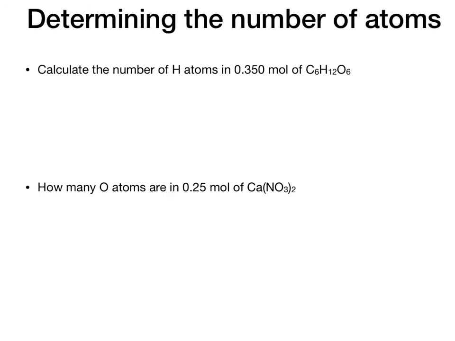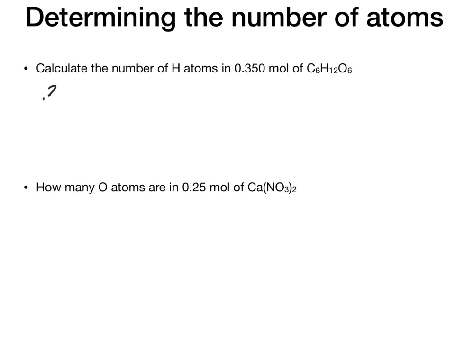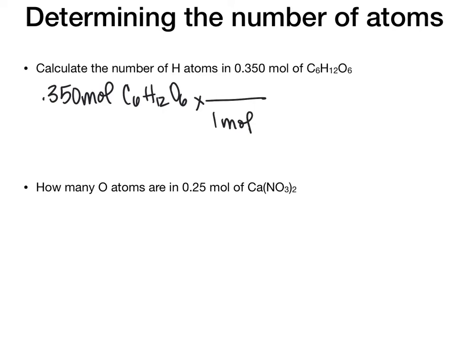So we're going to take our 0.350 moles of C6H12O6, and we're going to say that in 1 mole, there are 6.022 times 10 to the 23rd C6H12O6.